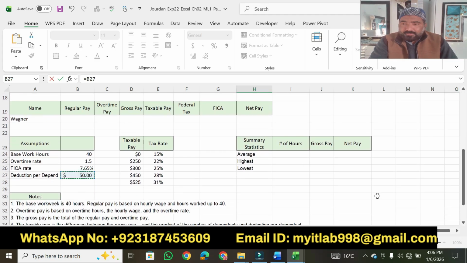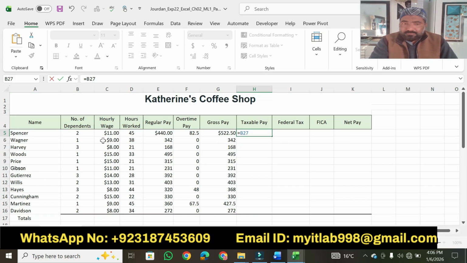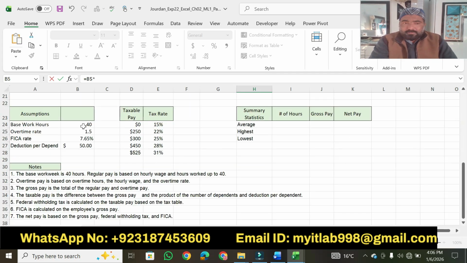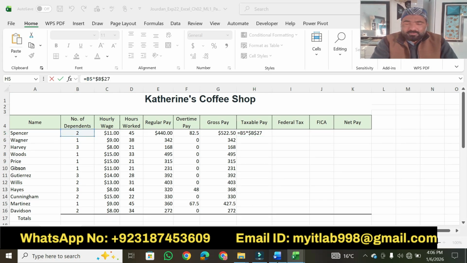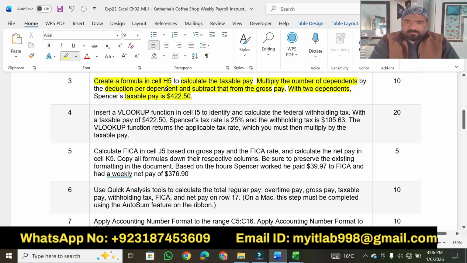Okay, first we have to take this one and multiply by deduction per dependent. We have to make that absolute. Okay, then subtract that from gross pay.